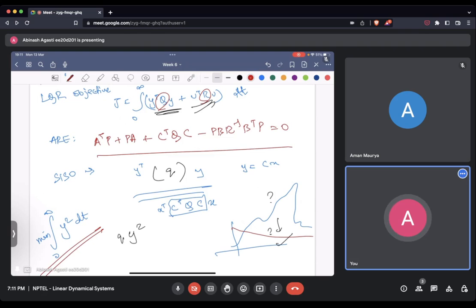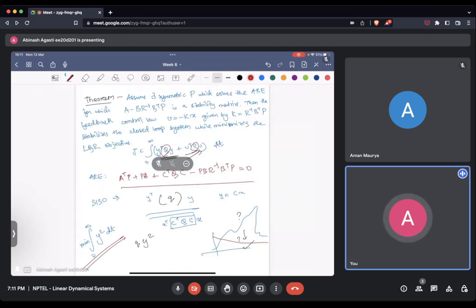All right, this is the concept behind LQR control. What we are saying is this control law, where K is given by this and the P matrix satisfies this ARE, then this objective is minimized.